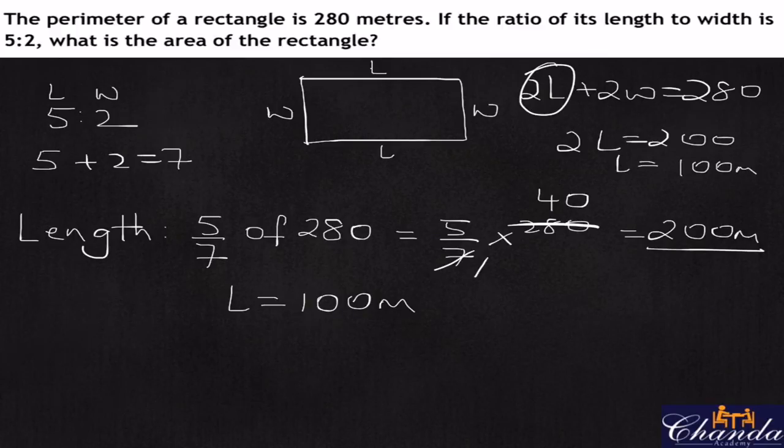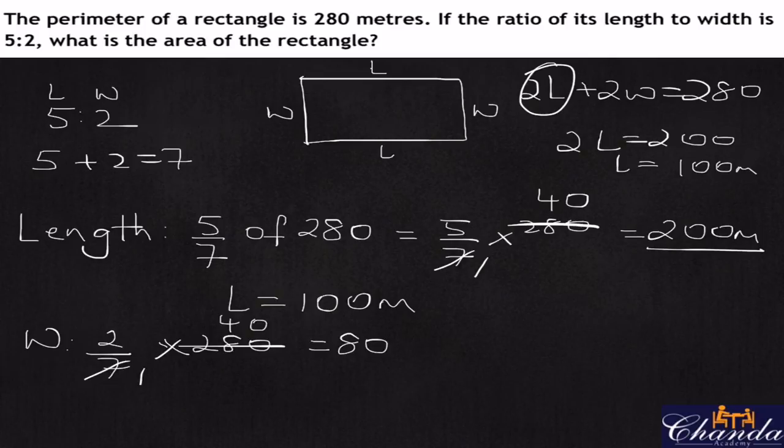Now doing the same thing for the width. We have 2 out of 7 times 280. 7 goes into 7 once, 7 goes into 280 40 times. 40 times 2 is 80. Again, guys, this constitutes 2W, so 2W is equal to 80. However, W in this case is simply 40 meters.